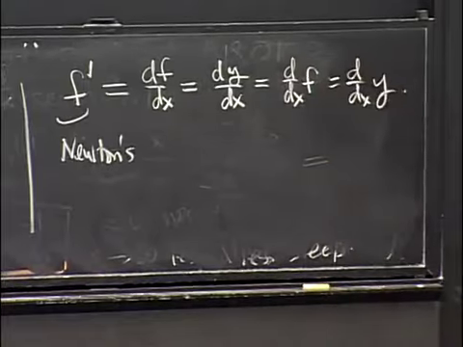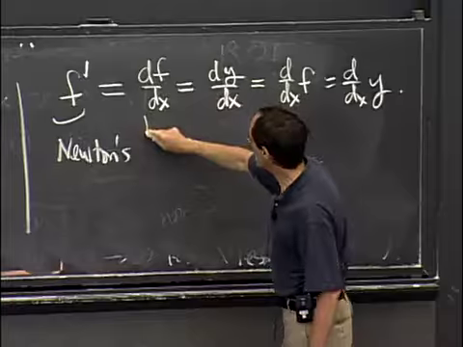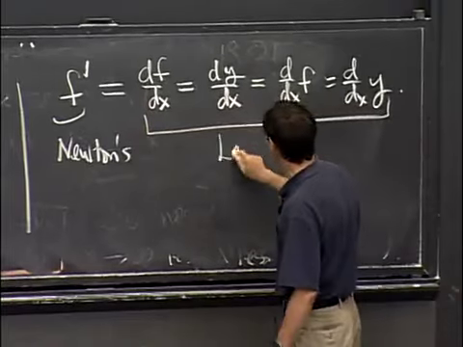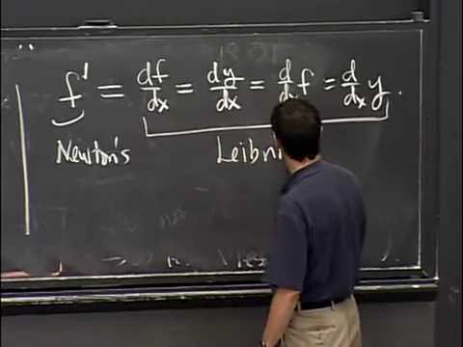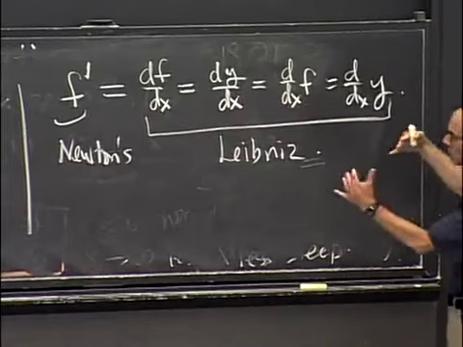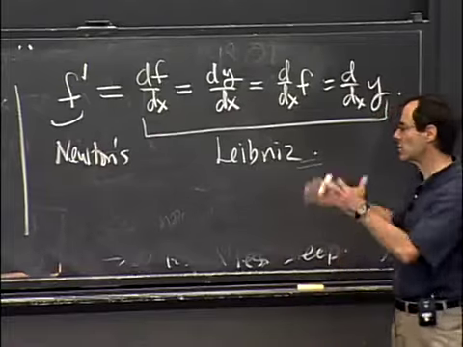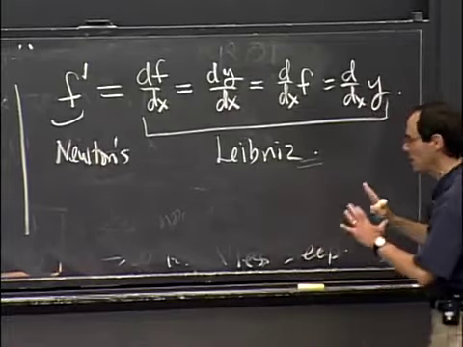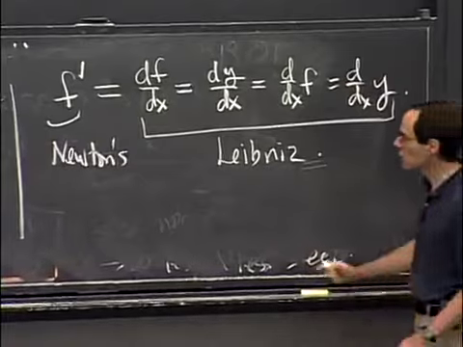So these are all notations that are used for the derivative, and these were initiated by Leibniz. And these notations are used interchangeably, sometimes practically together. They both turn out to be extremely useful.